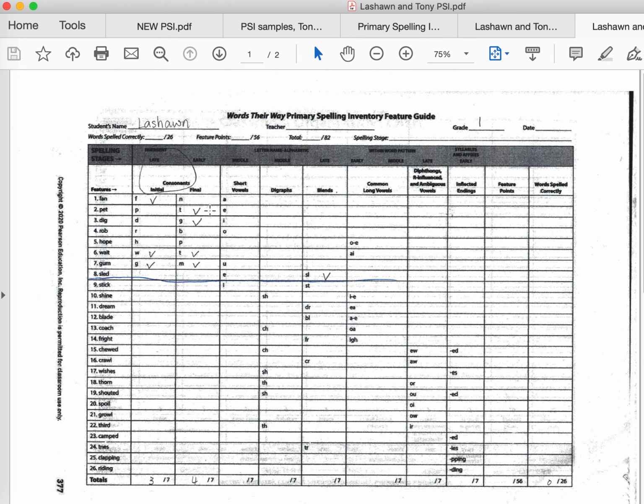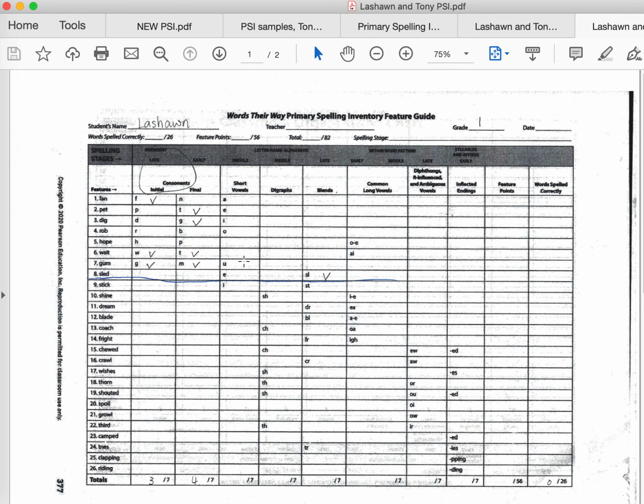So should LeShang's word study instruction begin with short vowels? The answer is no. Why? Look back on page 34 in Words Their Way, about midway down in italics. Instruction should begin at the point where a student first makes 2 or more errors on a feature.